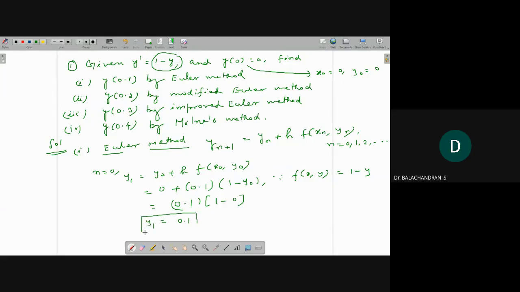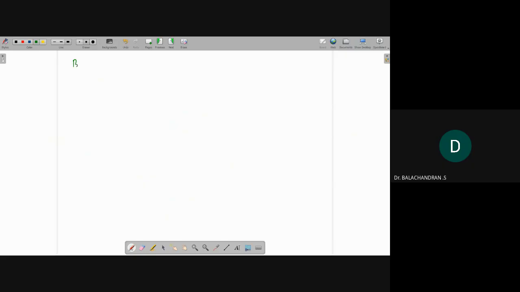Next, write the general formula for the modified Euler method.